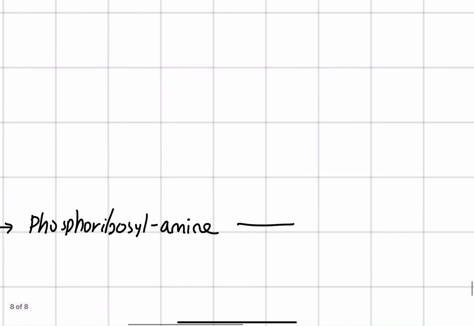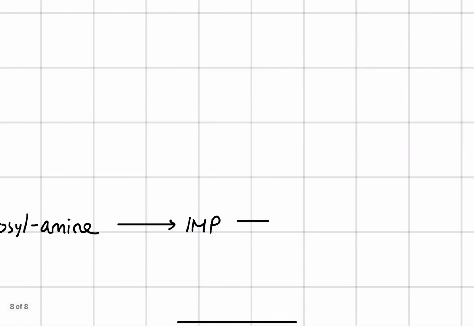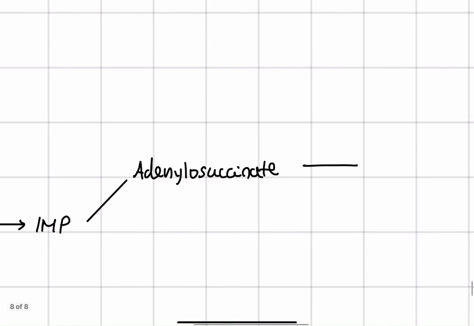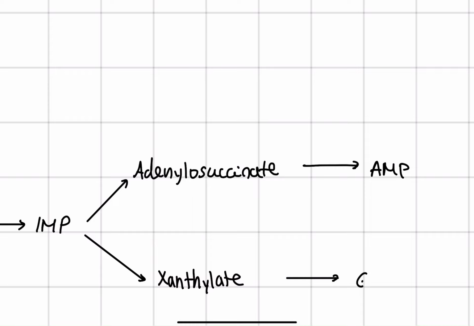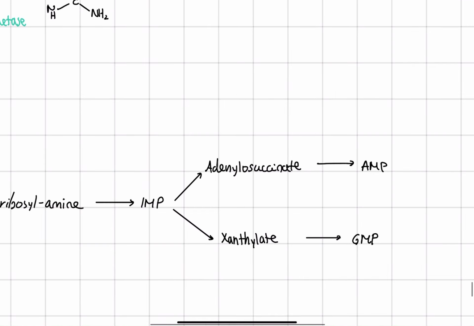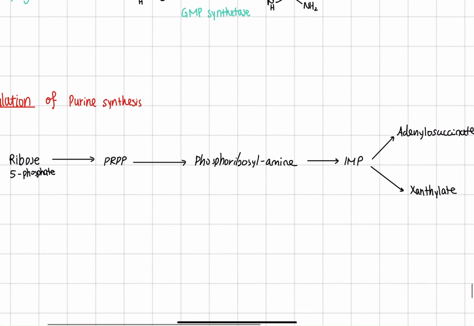And then we just form the inosinate. And then the process that we just did. And then adenylosuccinate forms AMP. Xanthylate, GMP. Right. We reached the point.